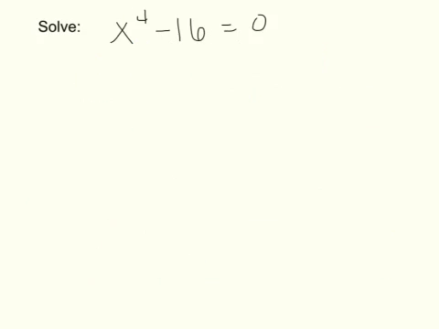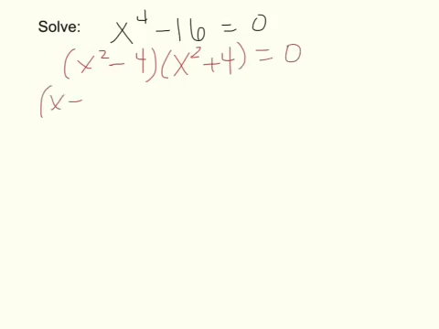So here's one last example, x to the 4th minus 16. It's a quartic function. That means it's a degree of 4, so we should end up with 4 roots. So I'm going to solve it by factoring. This would factor to x squared minus 4 and x squared plus 4. I can factor this some more, so x plus 2 and x minus 2.